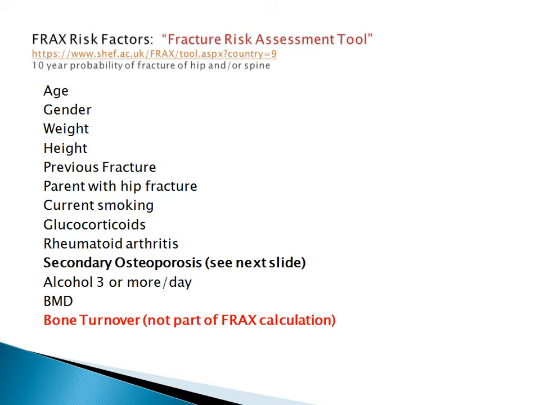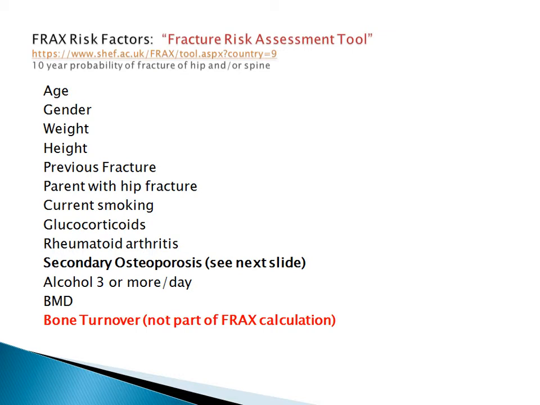Now the FRAX test has become popular. It's probably not of much use in people with developmental disabilities, but the concept is good, and basically this is a computer program. You enter in certain risk factors, which we have listed here, and the program calculates a 10-year probability of fracture of the hip and or spine.